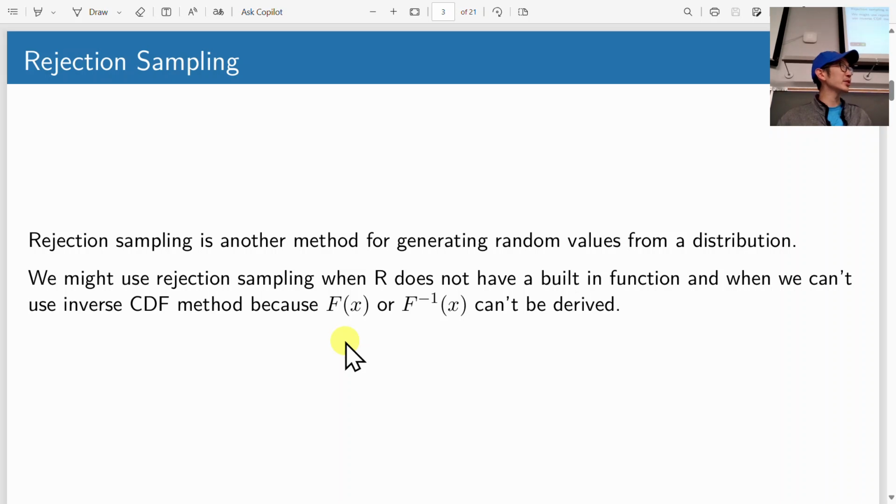A lot of times you will be able to either figure out the CDF or the inverse CDF. But if there's a situation where you can't get the CDF or the inverse CDF, then you can use rejection sampling. You can also use it in higher dimensional settings. In higher dimensional settings, we run into other problems, and so we have other methods that we will see later, like the Gibbs sampler.